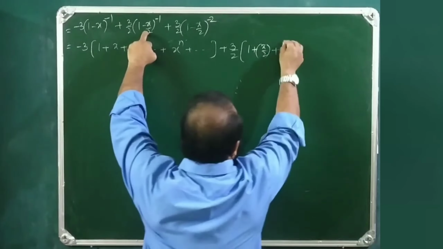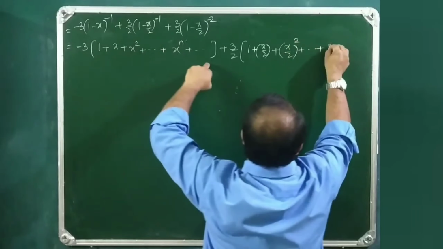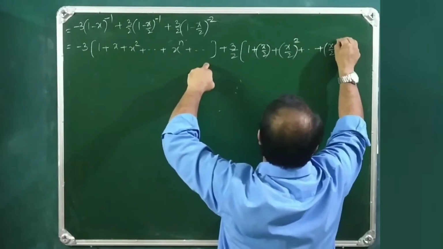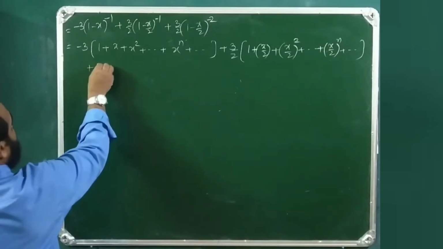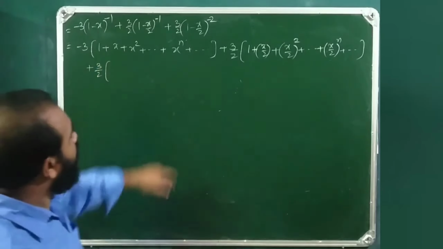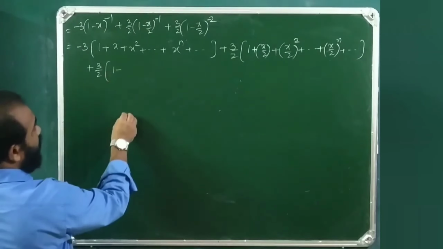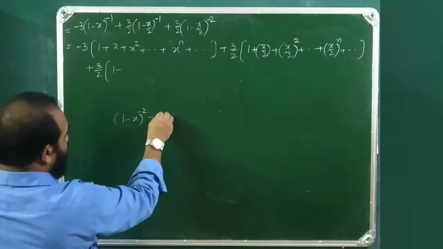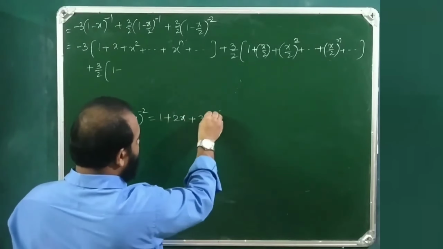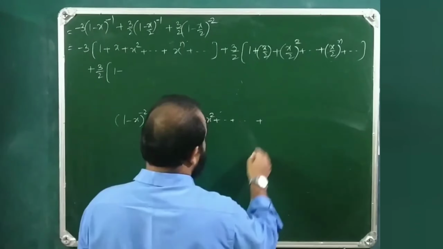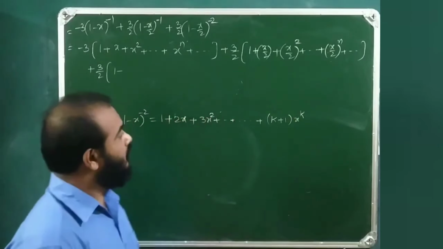X plus x square, in the place of x, x by 2 whole square, plus etc. plus x by 2 whole power n, and so on, plus 3 by 2 into 1 minus x by 2 whole power minus 2. 1 minus x whole power minus 2 is 1 plus 2x plus 3x square plus etc. plus k plus 1 into x power k, and so on.